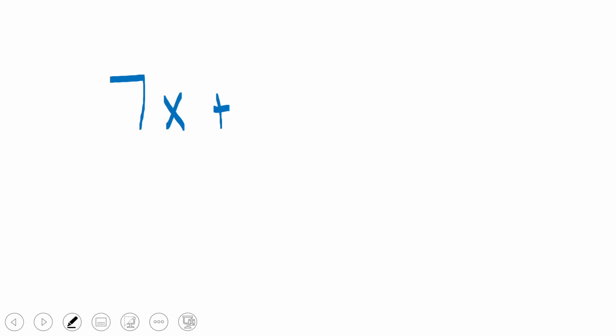Let's look at one or two more examples just to practice. We're going to change our variable. What if we have 7x plus 3y minus 4x plus 1?